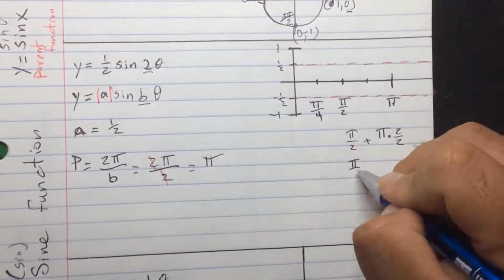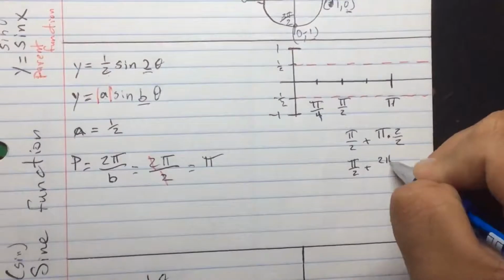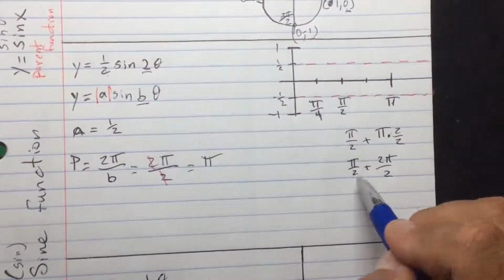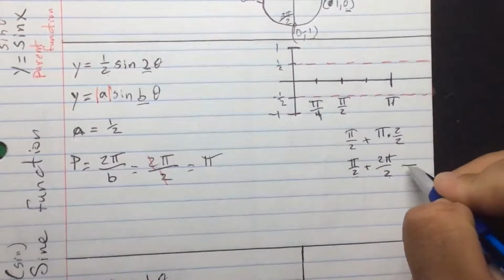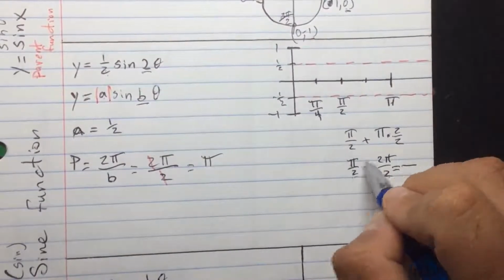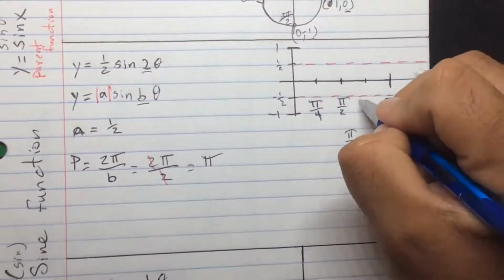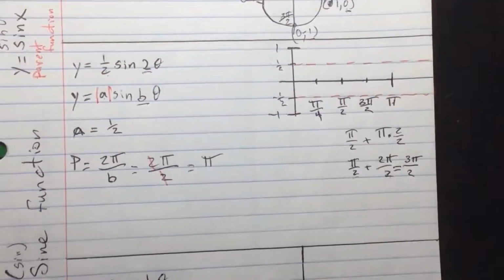And then we can get pi over 2 plus 2 pi over 2. Remember, we only have to do that because in order to add these together, they have to have the same denominator. So we're going to have pi plus 2 pi is 3 pi, and then over 2. So that's what's going to be here, 3 pi over 2.